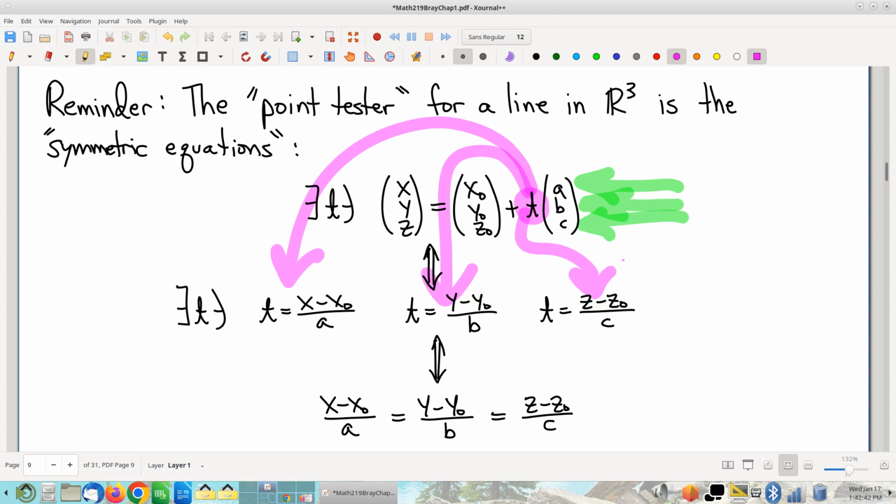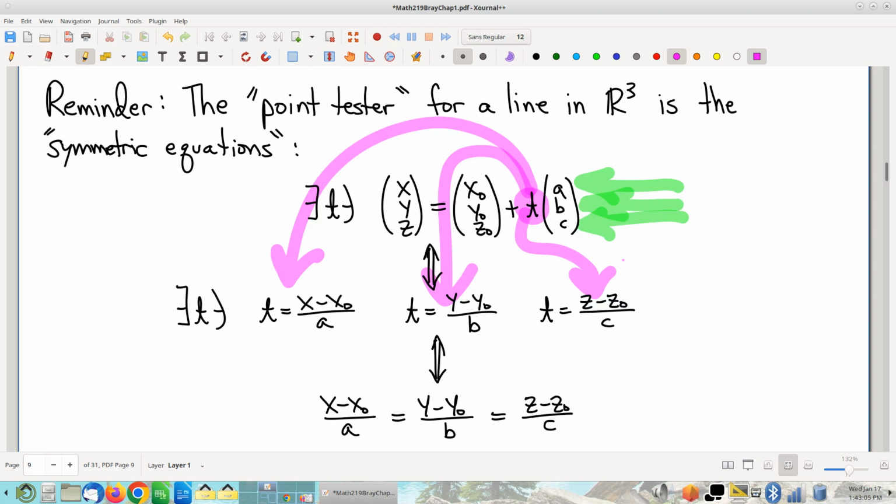So, does there exist a value of t? That turns into actually a much simpler question: does there exist a value of t that's equal to all three of these things? And if you think about it for a quick moment, a single value of t cannot equal three different things unless those three things are all equal to each other.